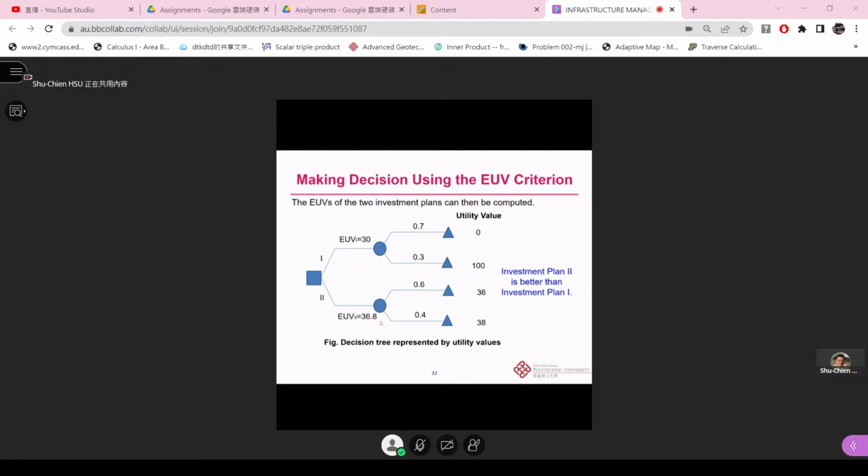So based on this transformation, you can see that investment plan 2 is now better than investment plan 1, because we already take the subjective view of the retirement into account to make this decision. All right, so this is the decision tree represented by the utility value.